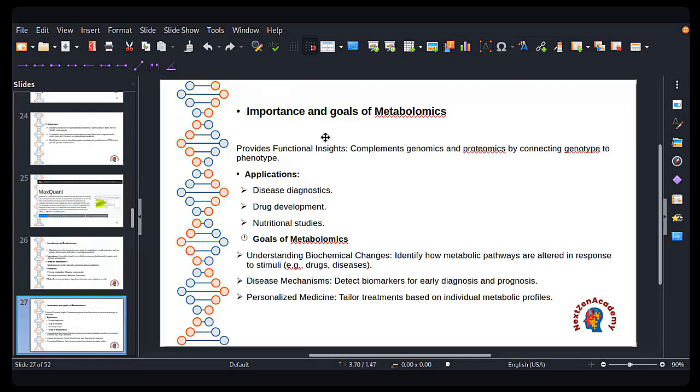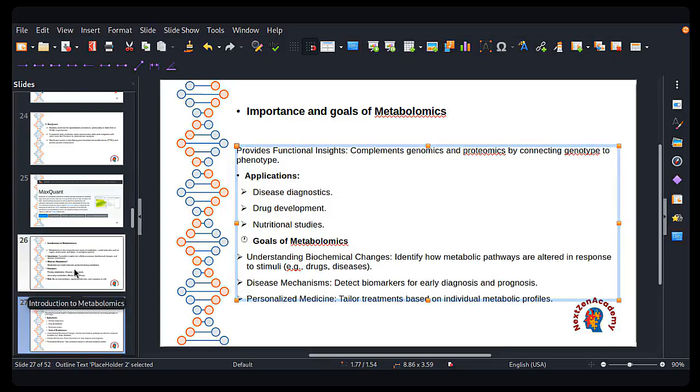The applications of bioinformatics are for disease diagnostics, drug development, nutritional studies, right? So what are the goals of metabolomics? Understanding biochemical changes, identifying how metabolic pathways are altered in response to stimuli, for example drugs and diseases, right? We can study the disease mechanisms, detect biomarkers for early diagnosis and prognosis, right? Then personalized medicine, same.